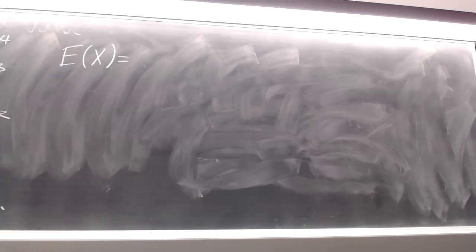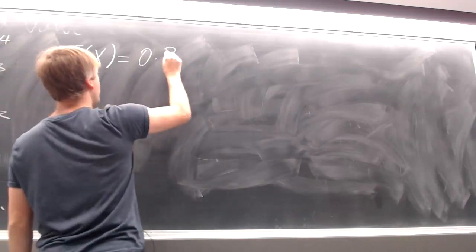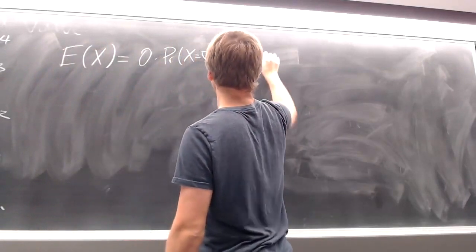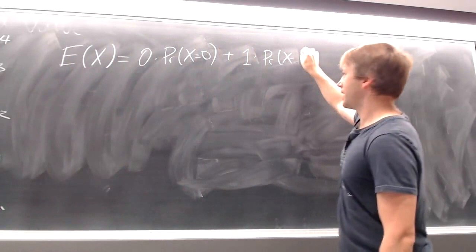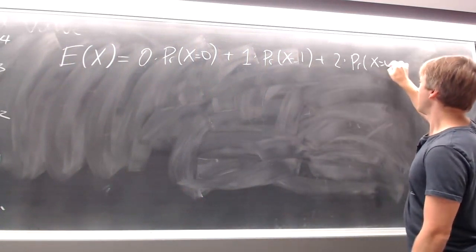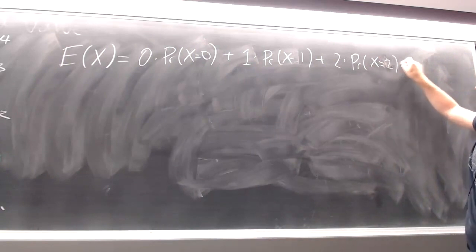So basically we just take 0 times this, plus 1 times this, 2 times this. We just multiply the thing in this column by the thing in that column. So it's 0 times probability x is 0, plus 1 times probability x equals 1, plus 2 times probability x is 2.